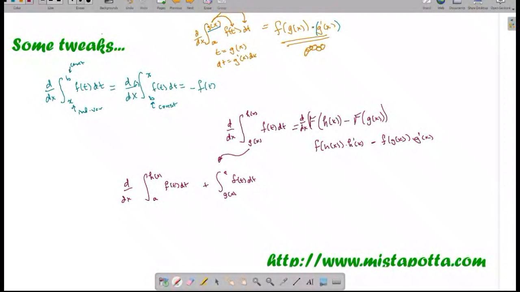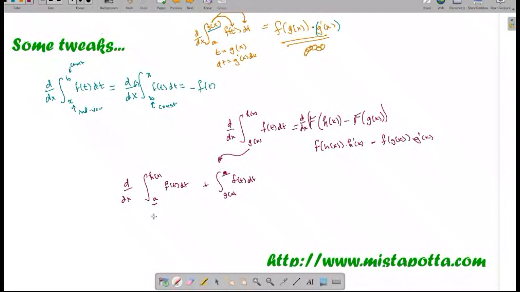In other words, break this up into two integrals that have a common endpoint, and this common endpoint just happens to be constant.